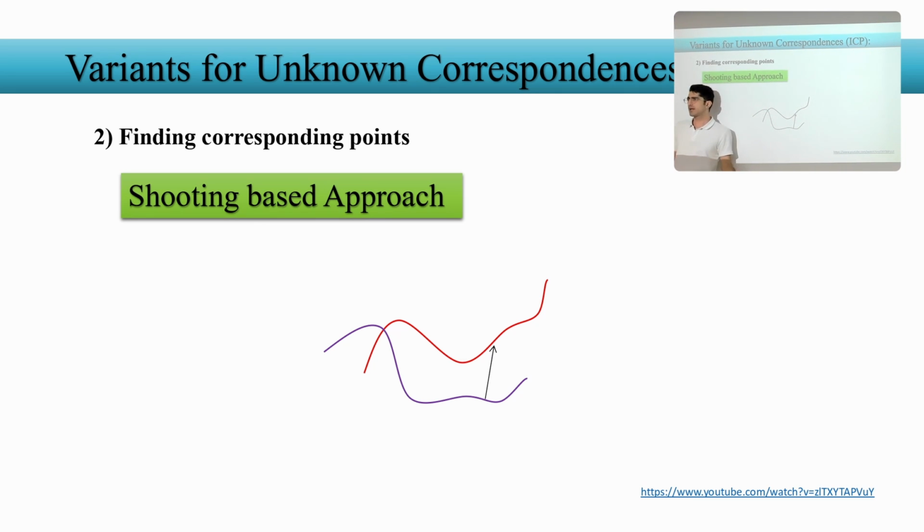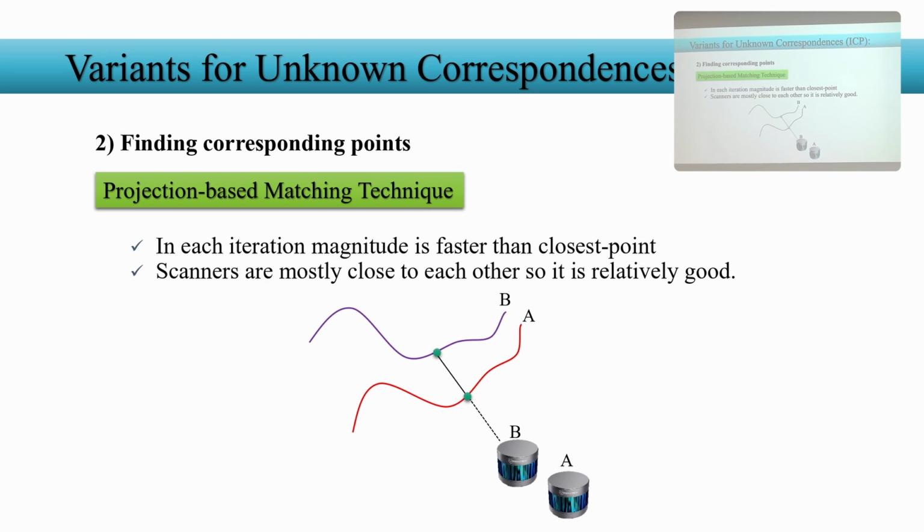Although we may have lots of error, that shooting is like Spider-Man. Then bring it closer. Then do it again. Bring it closer. This is a technique called the shooting-based approach of ICP. So we are looking at different techniques of ICP, not only the closest point.